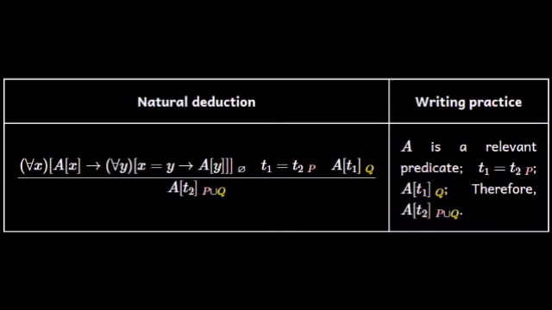Essentially a relevant predicate is one such that when you say A of X, it actually does depend on X. The way we formalize this exactly is that for all X, if A of X, then for Y, if X equals Y, then A of Y. So yeah, relevant predicates are a very important thing when we talk about relevant identities.